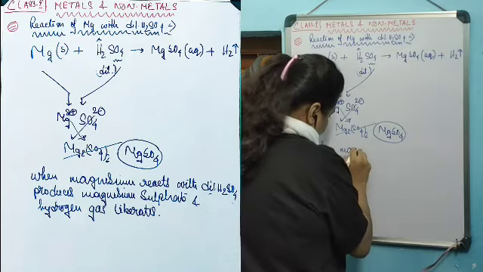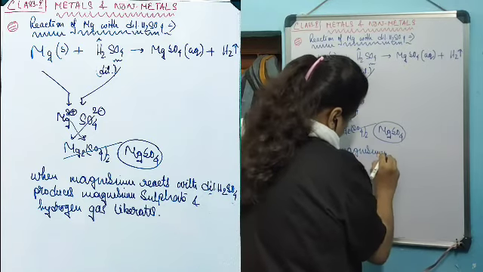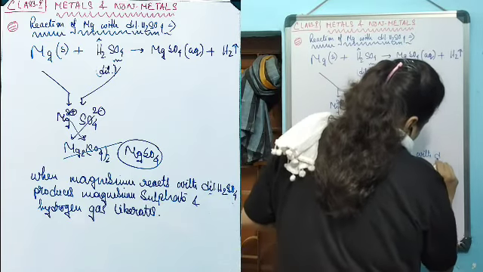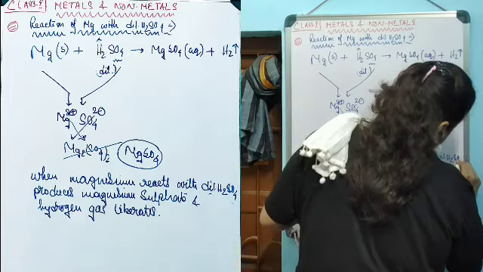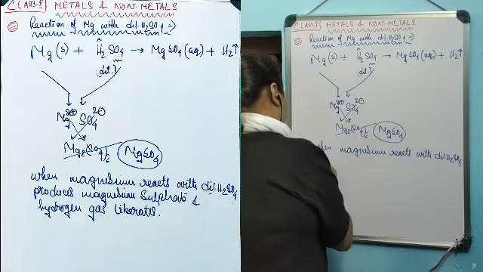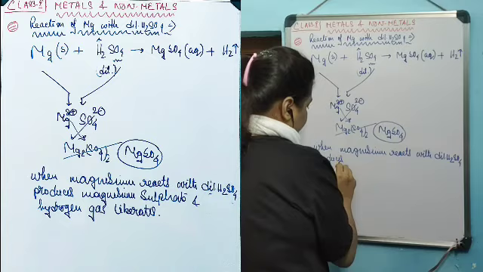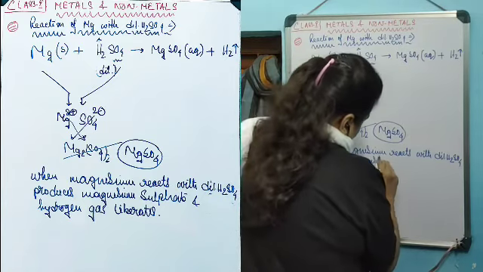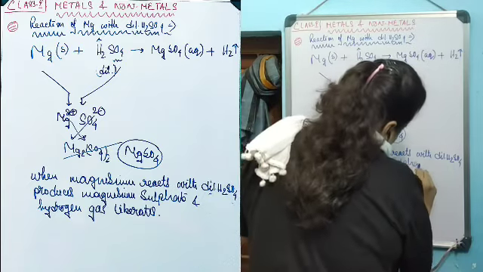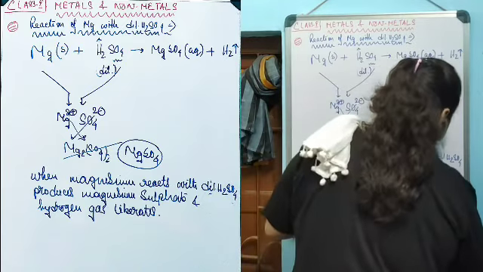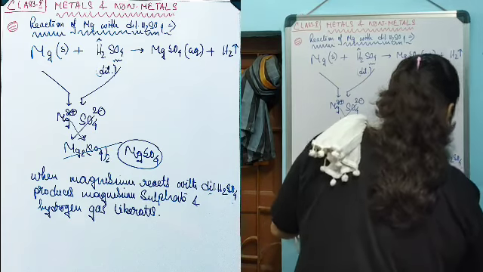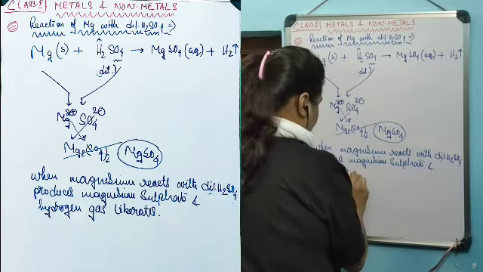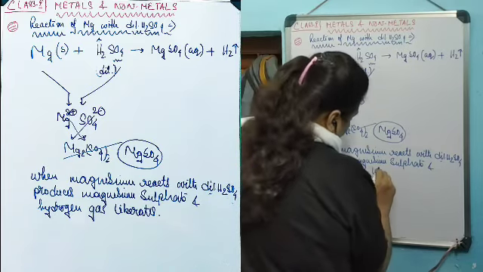When magnesium reacts with dilute H2SO4, it produces magnesium sulfate and hydrogen gas liberates.